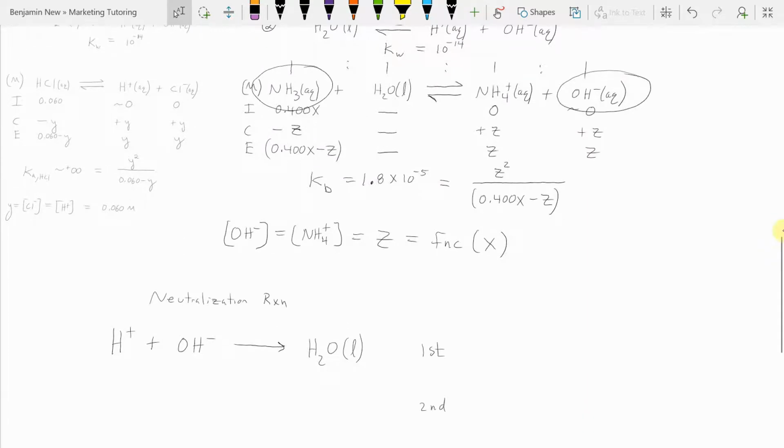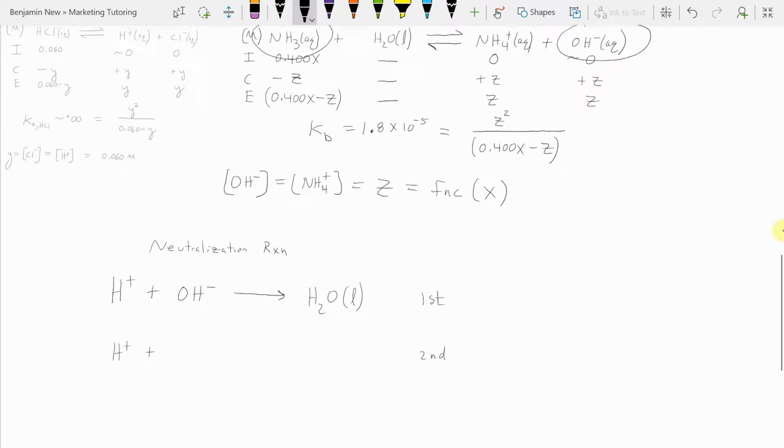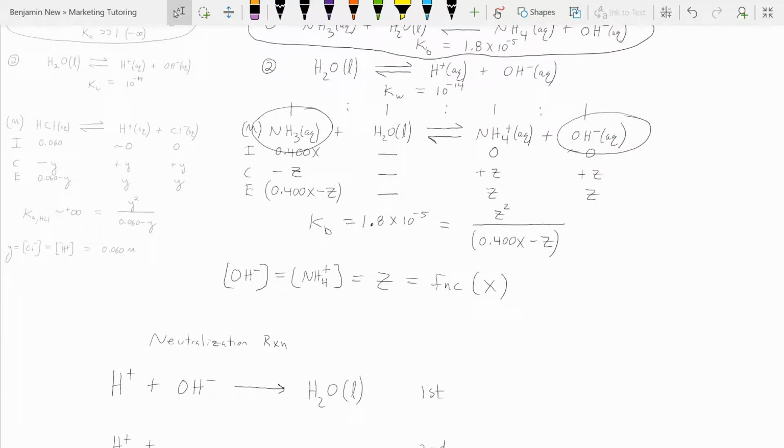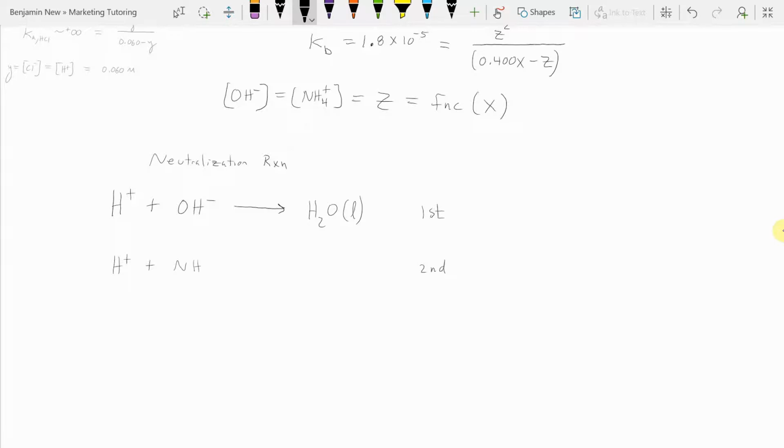All of the H pluses will then consume, you may have guessed it, another base. Well, the easiest base to consume after that is going to be the rest of the ammonia. And so that's going to produce NH4 plus. It's aqueous, aqueous, aqueous, aqueous, and that's also aqueous.